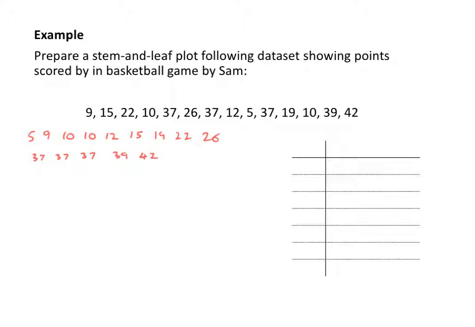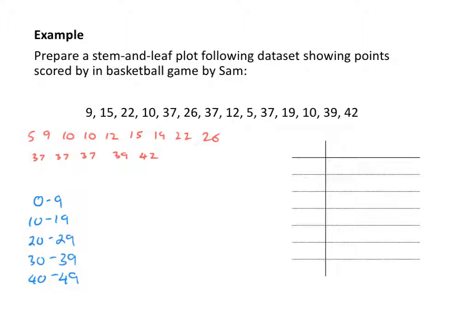Now that the numbers have been placed into ascending order, you need to decide on what scale you want your stem to be. So it needs to go from 5 to 42. So I would recommend having a scale that goes up in tens. So 0 to 9, 10 to 19, 20 to 29, 30 to 39, and then 40 to 49.